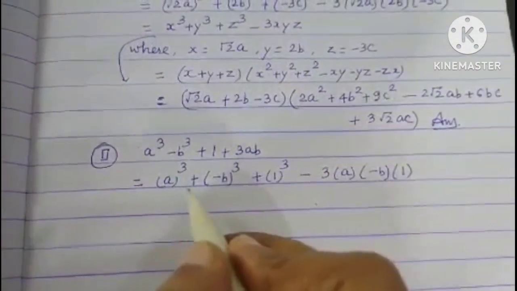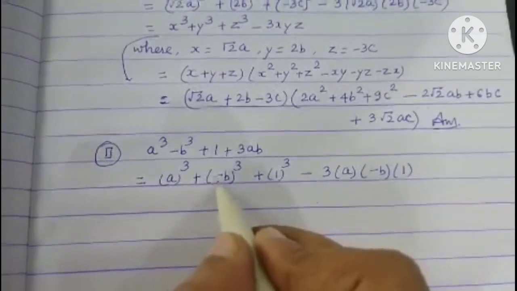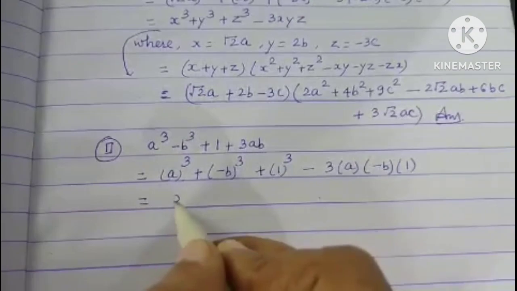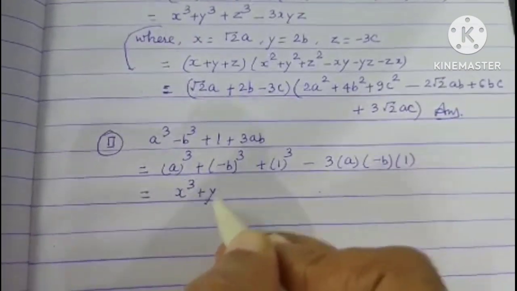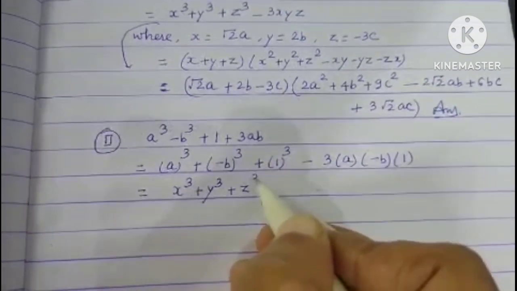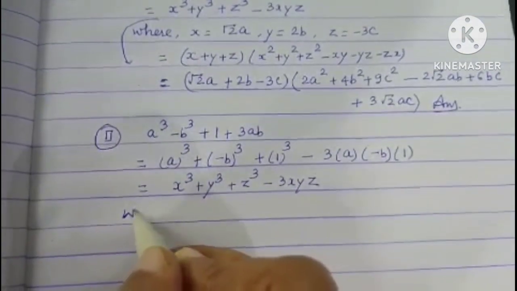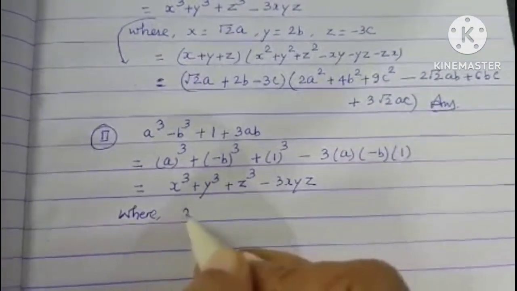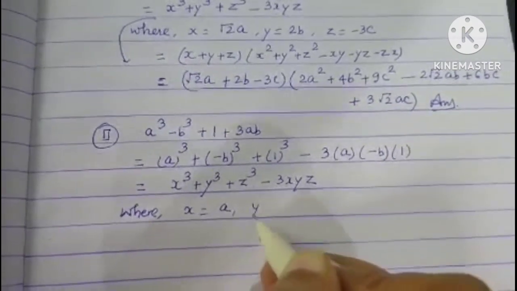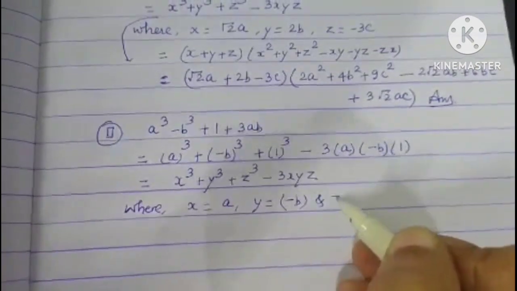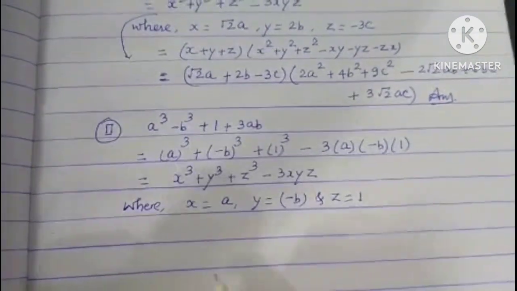Okay, I hope you understand this one, writing of this type, why I am writing this. So now you can see this is of the form x cube plus y cube plus z cube minus 3xyz, where x is equal to a, y is equal to minus b, and z is equal to 1.